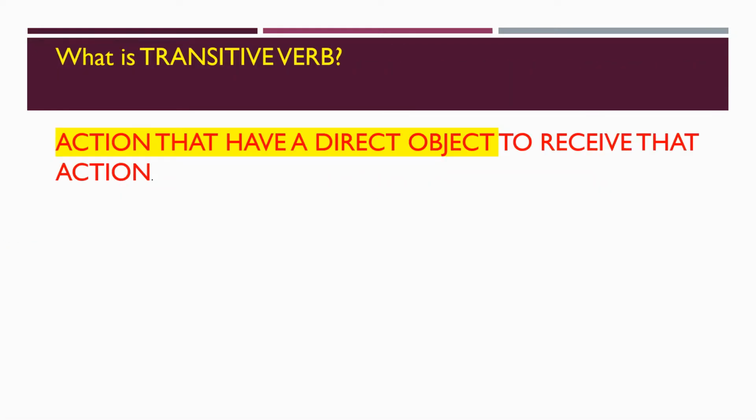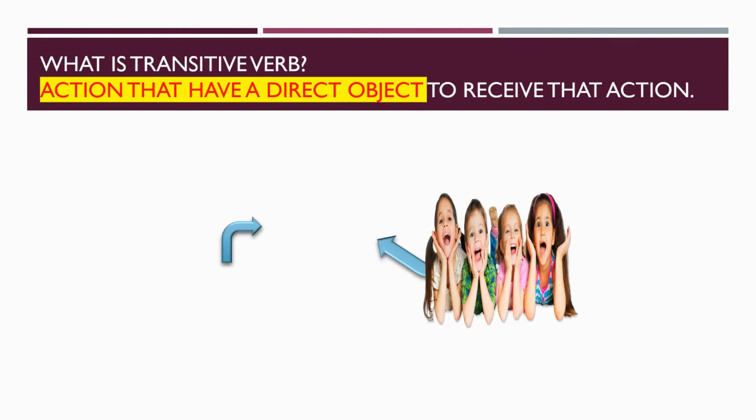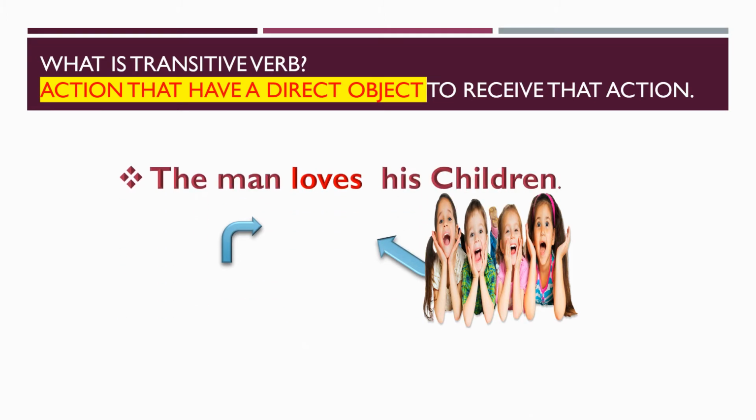What is transitive verb? Transitive verb means action that has a direct object to receive that action. Let us look at an example to understand transitive verb. The man loves his children.